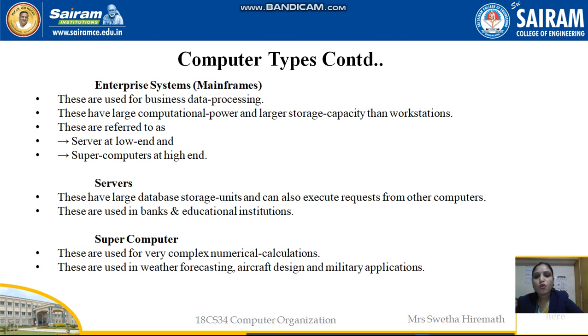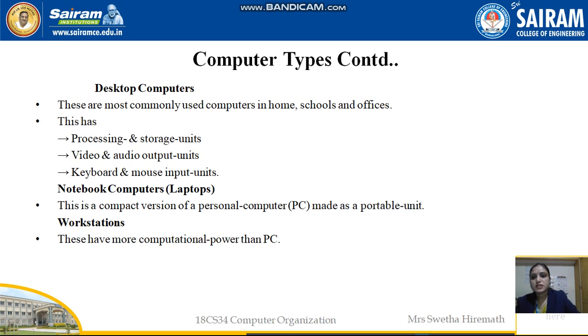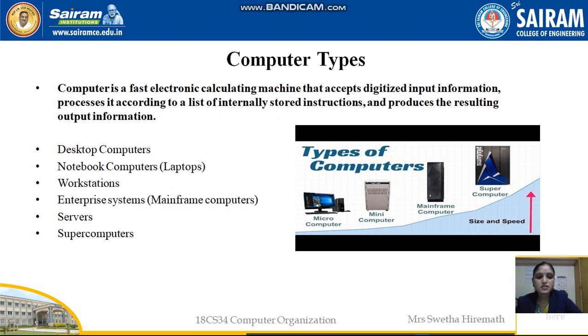So this is about what is a computer and what are the different types of computers. So what is a computer? A computer is a fast electronic calculating machine that accepts the digitized input information, processes it according to a list of internally stored instructions, and produces the resulting output information.